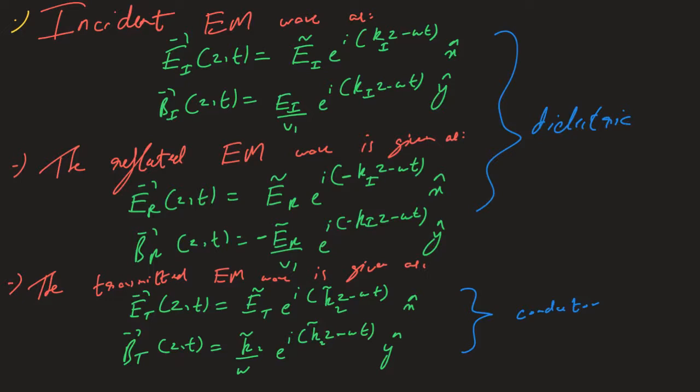And now let's say that our interface occurs at z is equal to 0. Okay, so our interface occurs at z is equal to 0. So this is our interface.